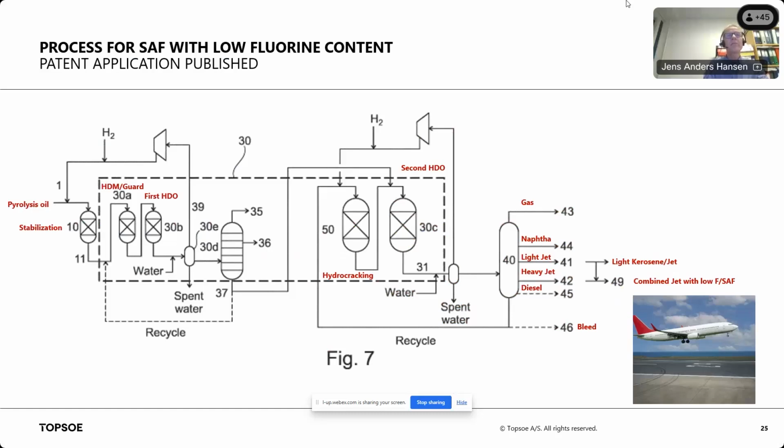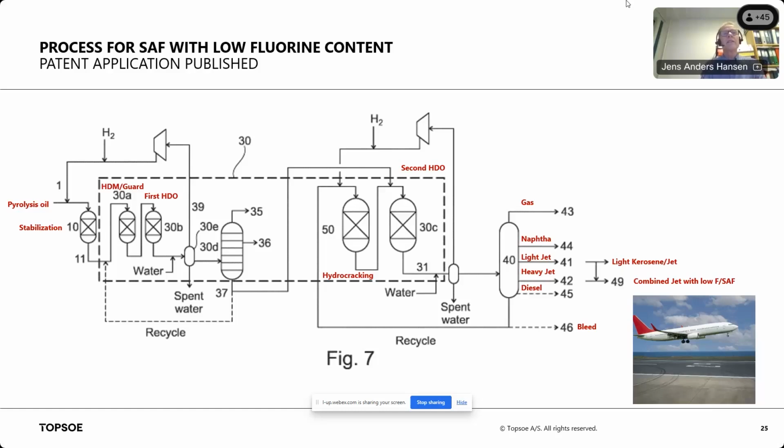Then we fractionated the product, and then we recycled the diesel product, the product boiling higher than jet. We recycled that to a hydrocracking reactor named 50, and by converting the heavier part, having a low concentration of fluorine, into jet, we were able to produce jet that has a lower fluorine content, so we could meet the specification.